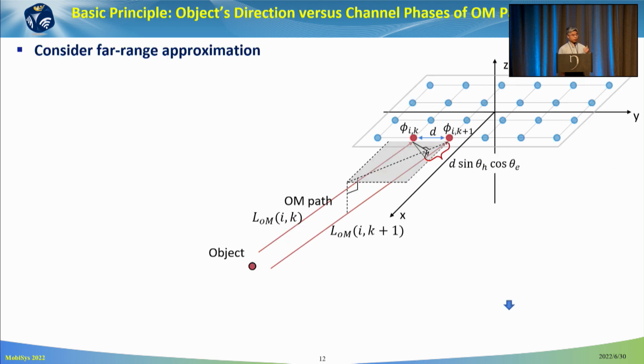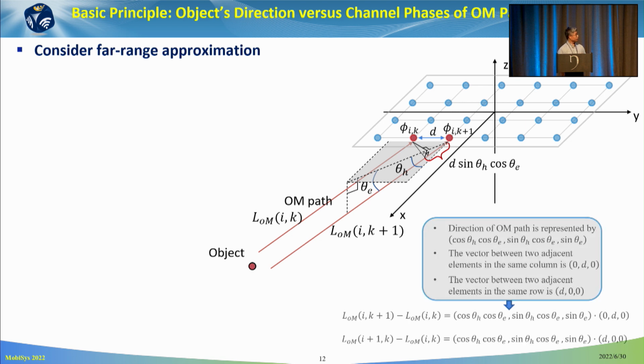The basic principle to locate the object is we look at the relationship between the direction of the object, theta E or theta H, the direction in 3D. We can derive the relationship between the path lengths of the adjacent elements, or not necessarily adjacent, any two elements.